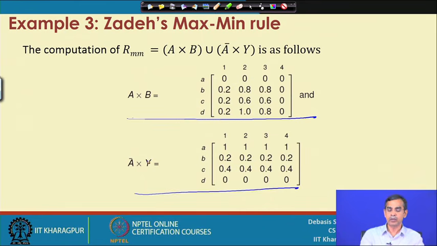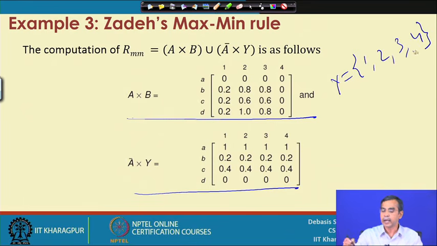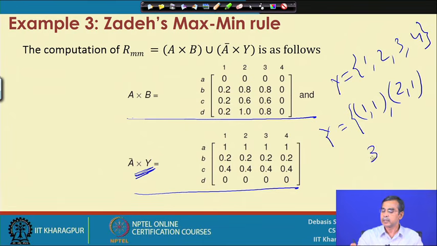Now, whenever we consider Y, Y is basically all the elements that belong to the universe of discourse with their membership value 1. So, Y is basically 1, 2, 3 and 4, and when we compute this result, we take Y as 1/1, 2/1, 3/1 and 4/1 in the fuzzy form.